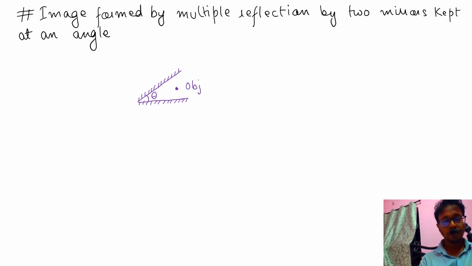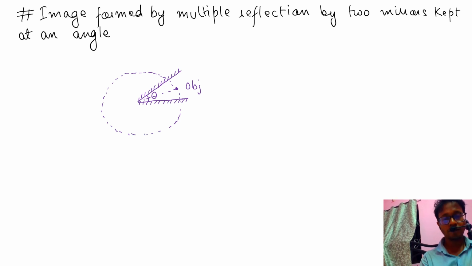I am just drawing a circle out here. Why, you'll understand in a little, but for the moment just ignore this side here. The circle is as follows. There's an object out here.